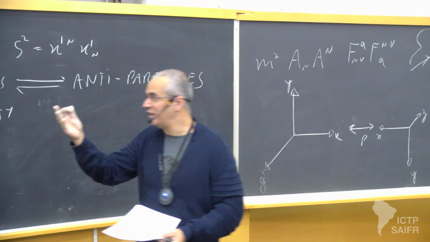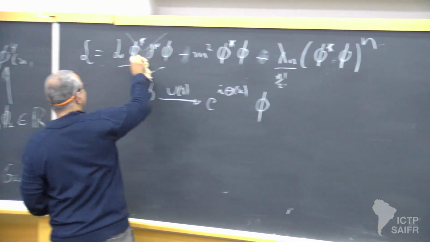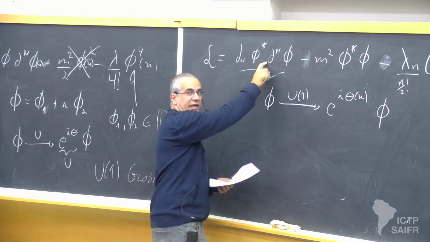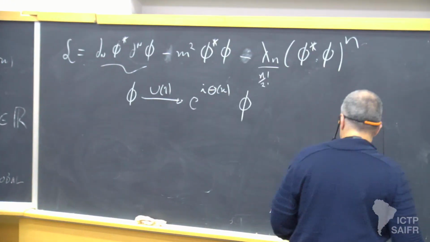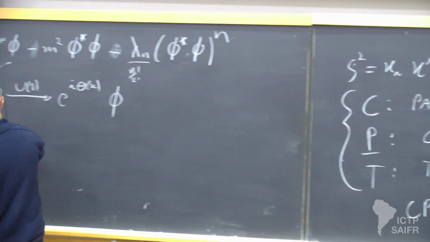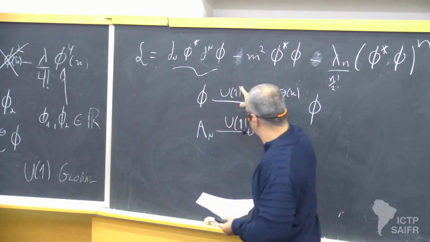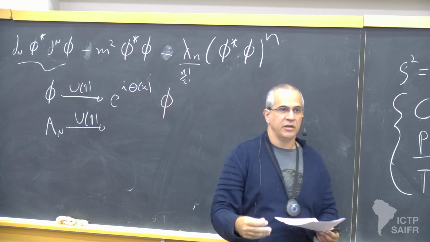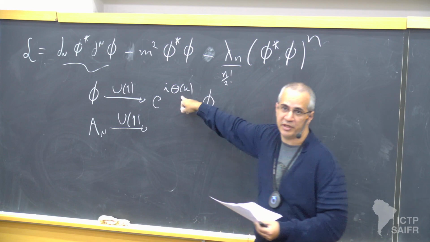I need a term with derivatives. So I can put in another field to compensate for the extra part that comes from here when I try to do that. And that is the so-called gauge field. It has to transform in a very particular way to cancel the extra terms that come from the derivative acting on this exponential.